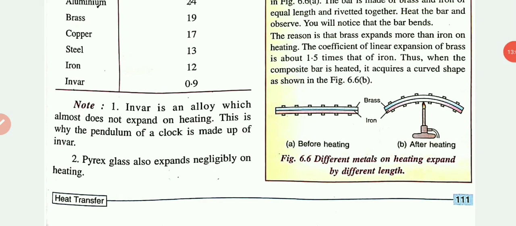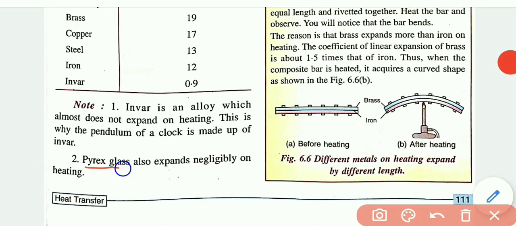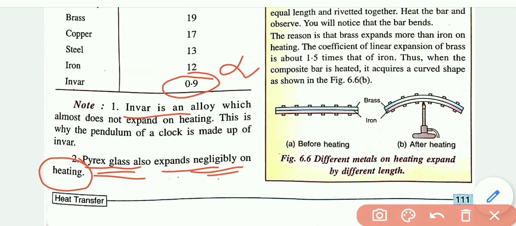So this is all about linear expansion, and one more example is given here. Pyrex glass also expands negligibly on heating. So ivory and Pyrex glass have negligible linear expansion, that is, the value of alpha is negligible.